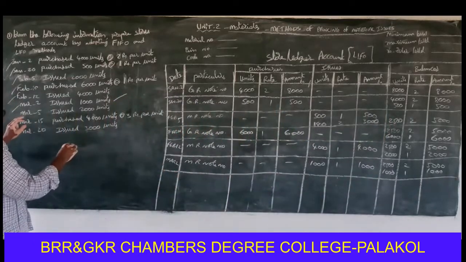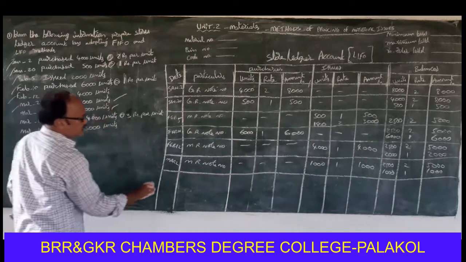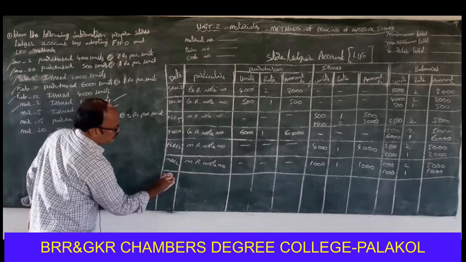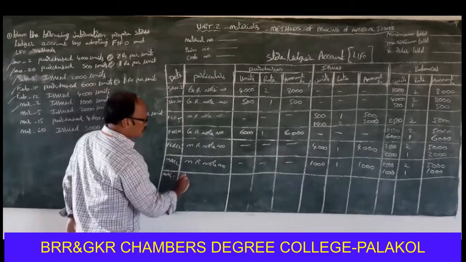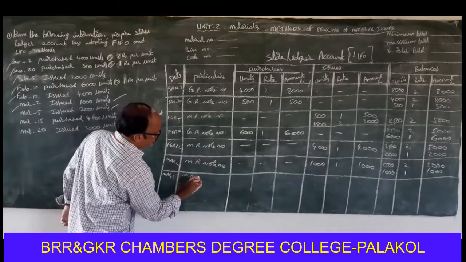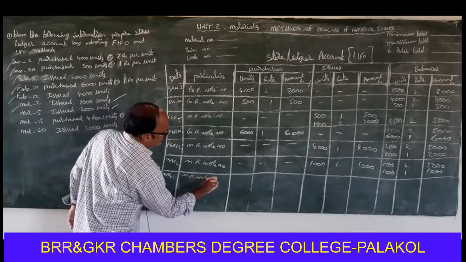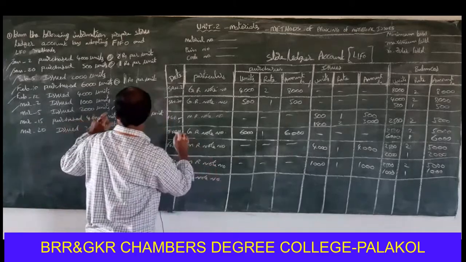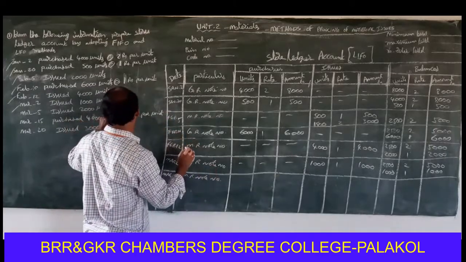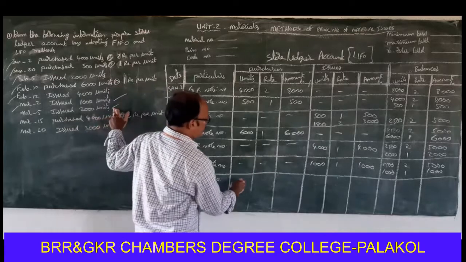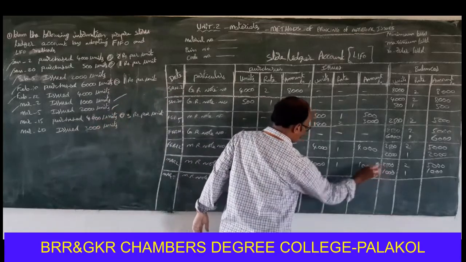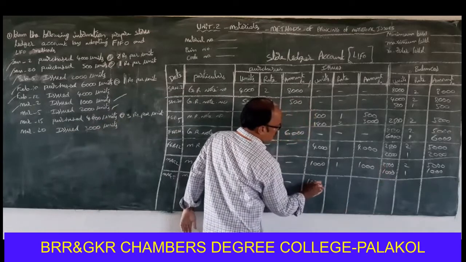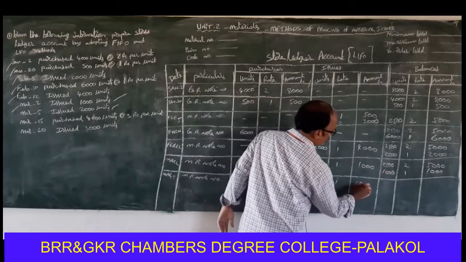Next, March 5th, issues 2,000 units. Issues means MR note number. How many units wanted to issue? 2,000 units now. That's why the 2,000 units are first issued from this, then after this one, 1,000 units, 1,000.